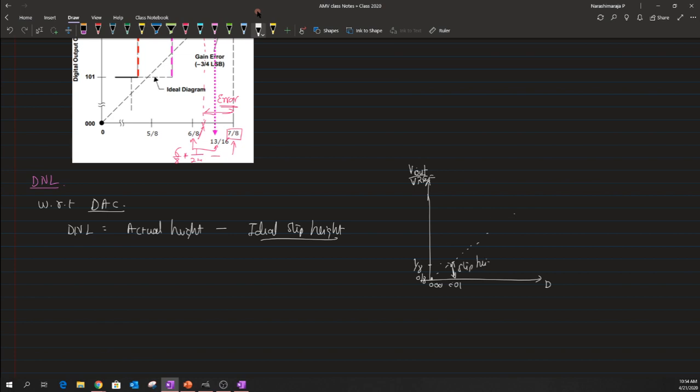Okay, yeah, so hope that I'm not confusing you much. Let me try to define the DNL with respect to a transfer characteristic graph so that it makes sense for you when I talk about it.